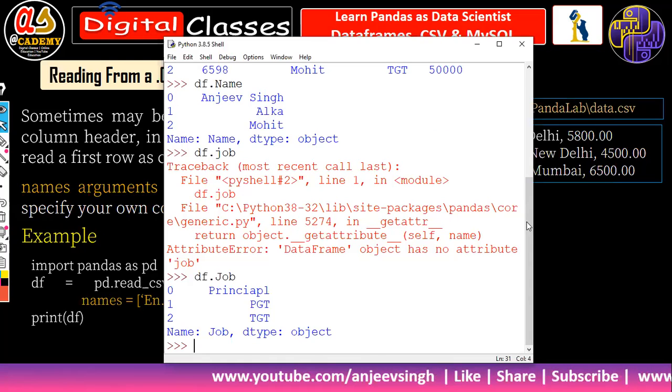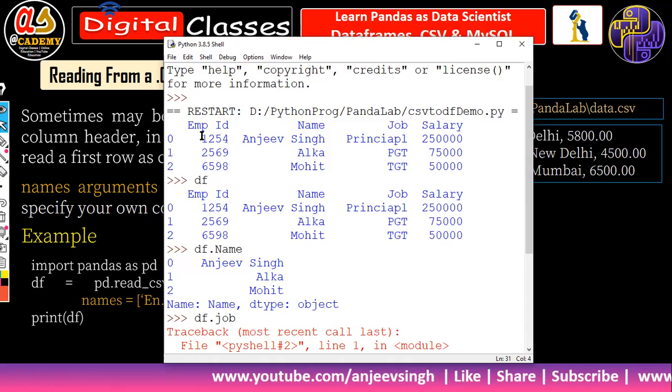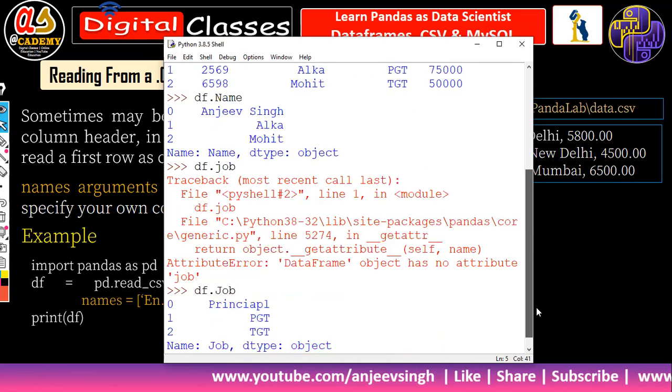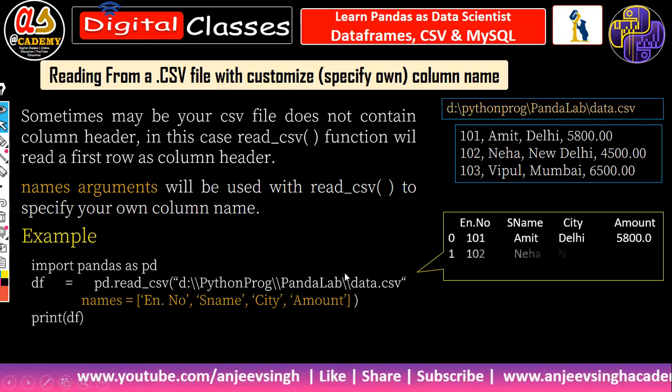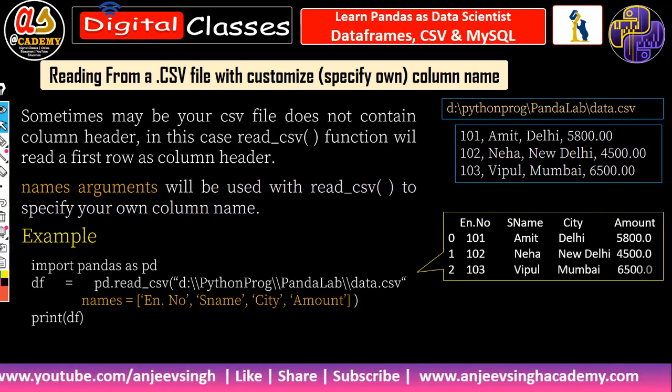Look at this. What happened? Whenever you read the data, you get this line as a column header. Employee ID is the first column, name is the second column, job is the third column, and salary is the fourth column. Now this time, instead of this column heading, I want something different. I want my own column names.